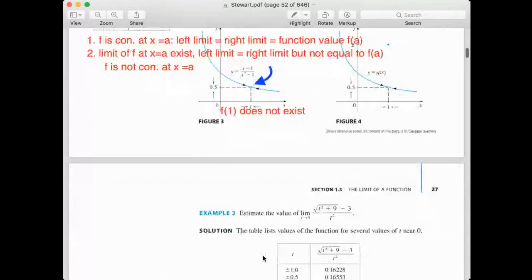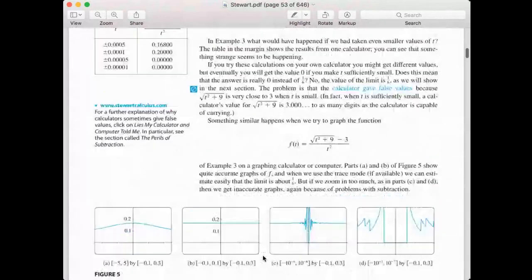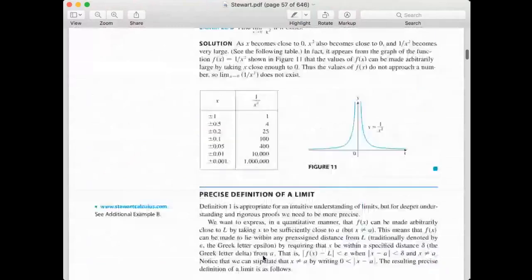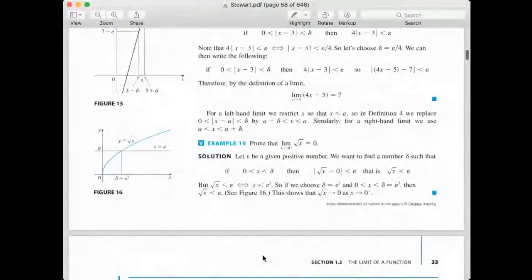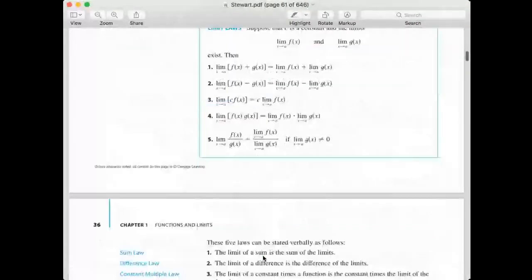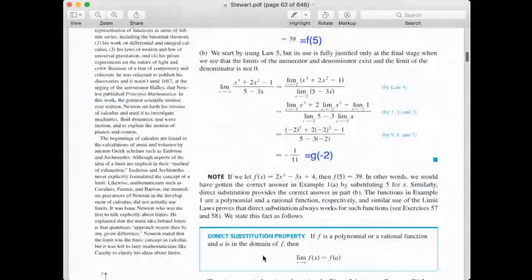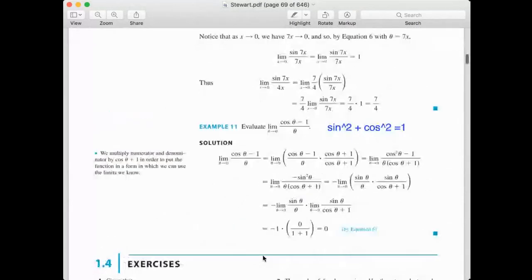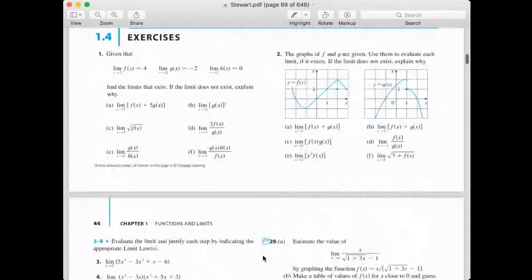And sine x over x can be raised to any power in the identity. Also, in finding limits, sometimes we use the difference of squares. We multiply by its conjugate to get rid of the square root. That's another trick.